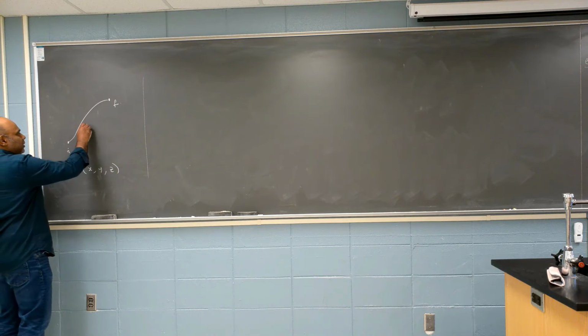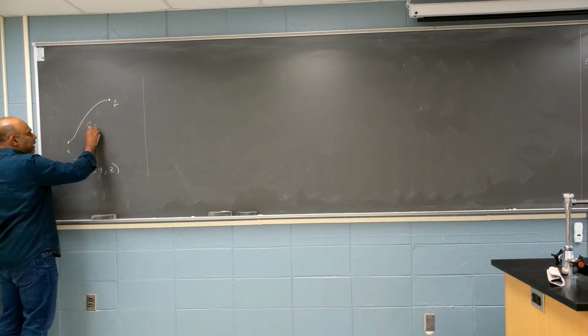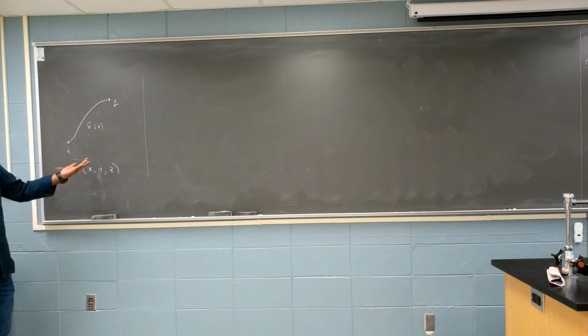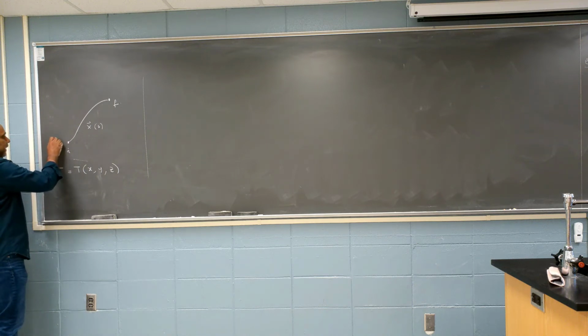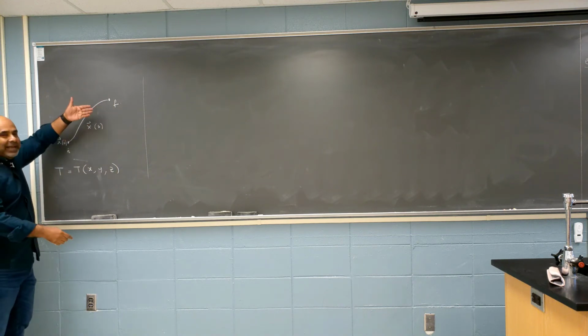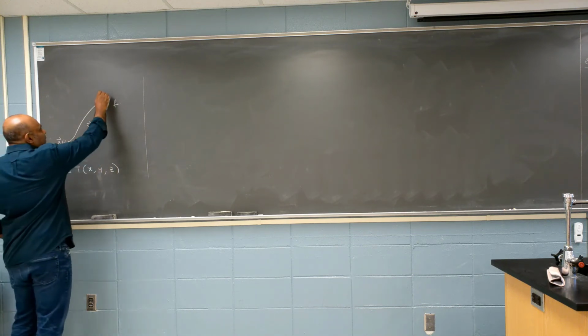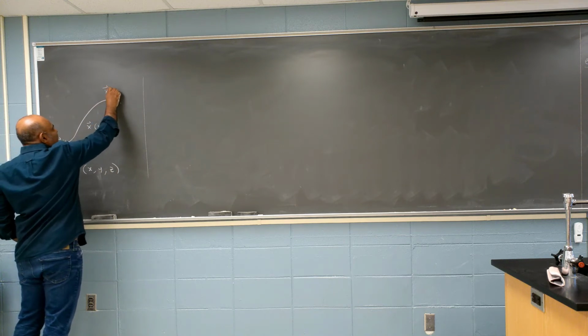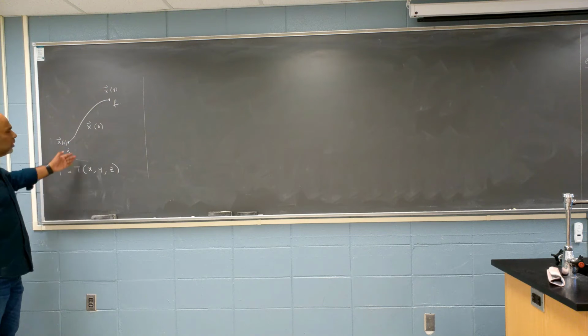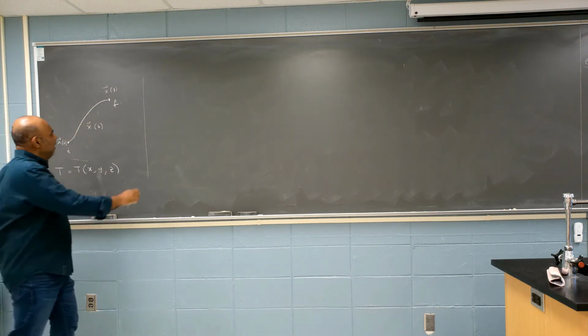I can write this curve as a function of s, so that this is the point x of 0 where I'm starting, and I can make this s of anything I really want. Now you might say, oh, s of 1. That's a curve. What do I mean by that?